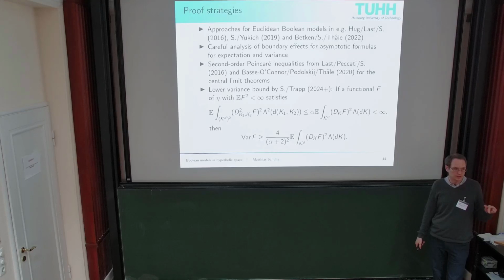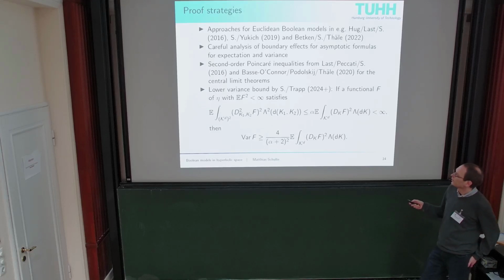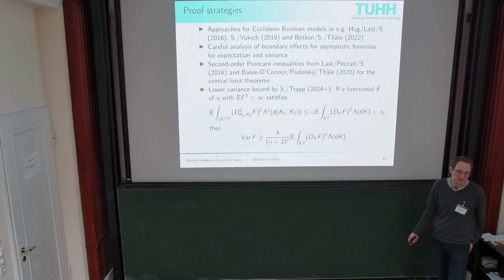For Poisson functionals, these operators measure the effect of adding up to two additional points. And if one can establish this inequality, where one bounds the expectation of the integral over the squared second difference operator in terms of the expectation of the integral over the squared first difference operator, then one has this lower bound for the variance. I think that this is a very useful device which can be applied to many other problems as well.